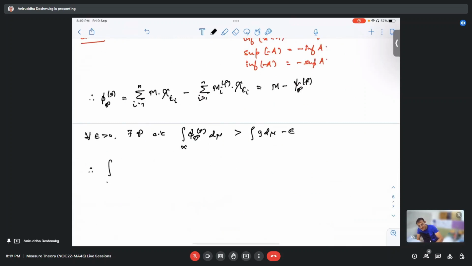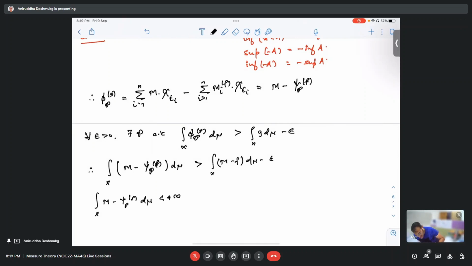Okay. Now let us expand this. So this is the integral over x of m minus C_P f d mu, and this is bigger than the integral of m minus f, minus epsilon. I have just written the definitions of everything. Now, see, this integral over x of m minus C_P f is finite because the measure of x is finite.